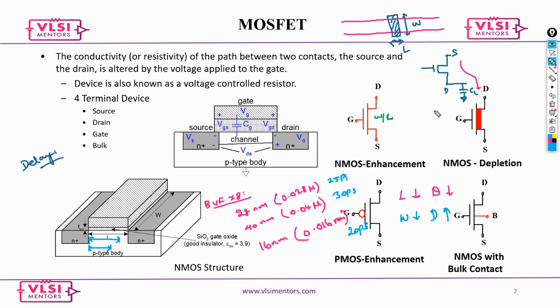Okay, let me give you a simple example. Say there's a road, a two-lane road. Now you make this a single lane road. Now what happens to your traffic? Your traffic increases.